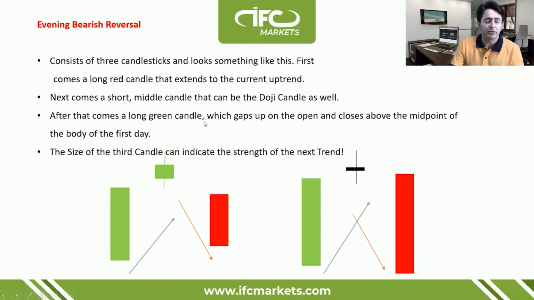The longer this third candle is, the more potential your next trend has to go forward. You can see these patterns, the evening bearish reversal or morning bullish reversal, so frequently on your chart once you're used to candlestick analysis.